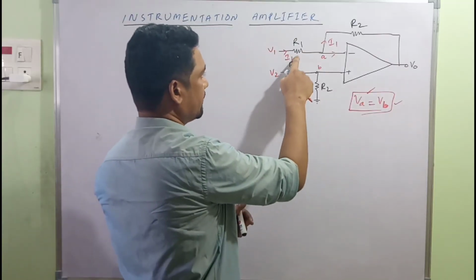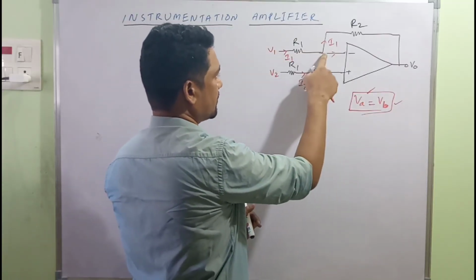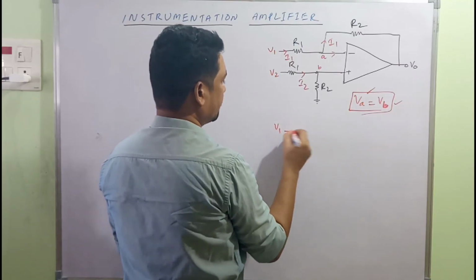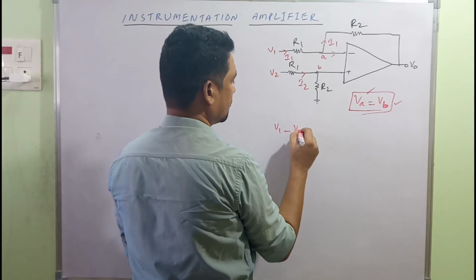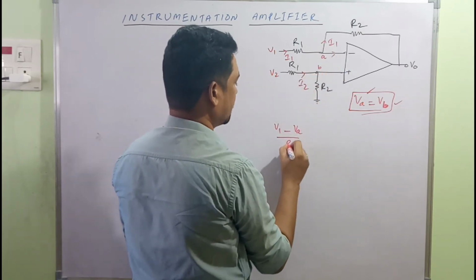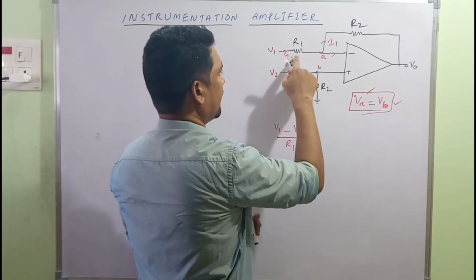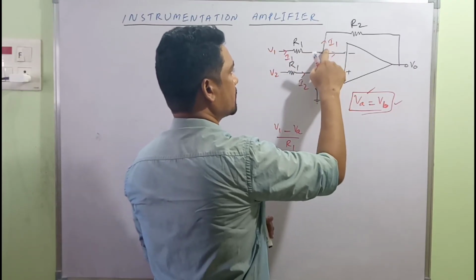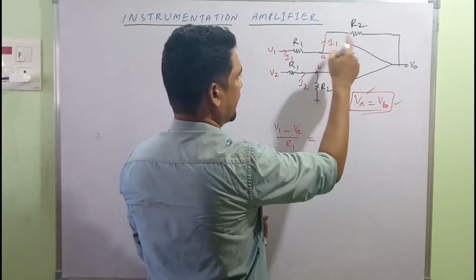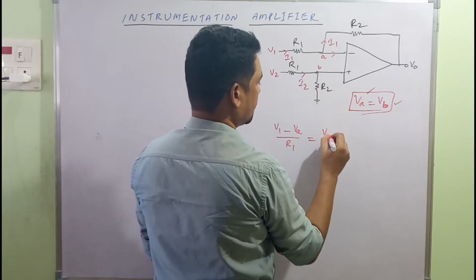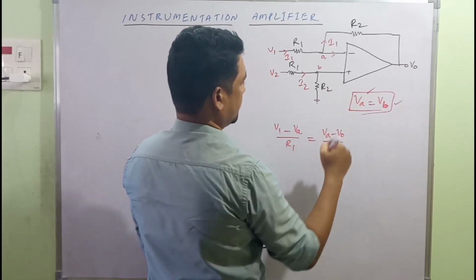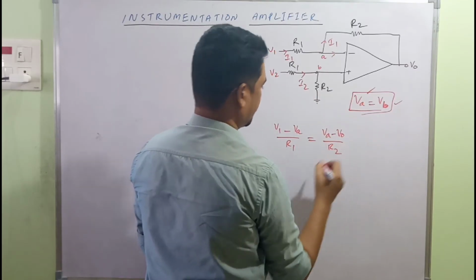So what is the expression for I1? It can be written as V1 minus VA upon R1, isn't it? And the same I1 will be flowing from this node to this node, so that can be written as VA minus V0 by R2, right?